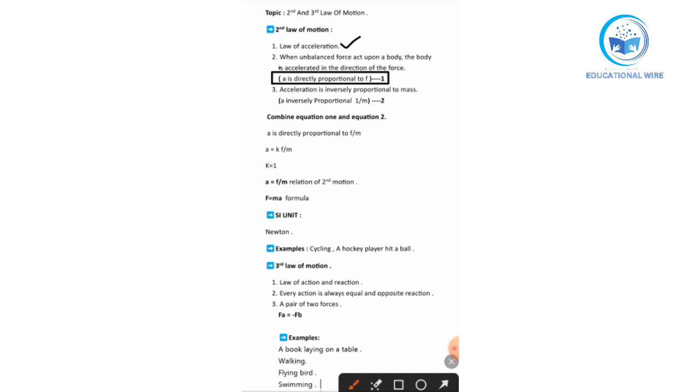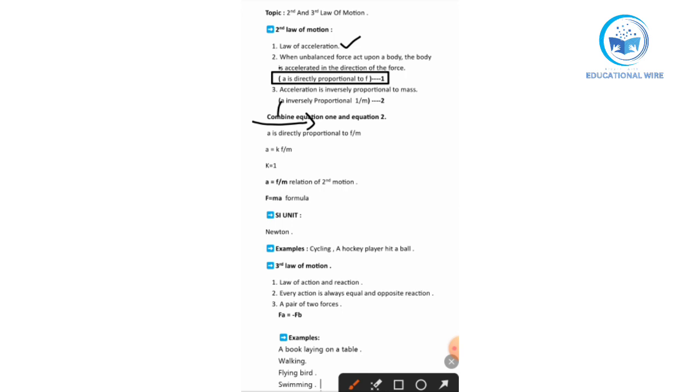Now let's move to the second one. It says that acceleration is inversely proportional to the mass. How is acceleration inversely proportional to the mass? Why not force inversely proportional to the mass? In the relationship of the second law of motion, the body is accelerated in the direction of the force.